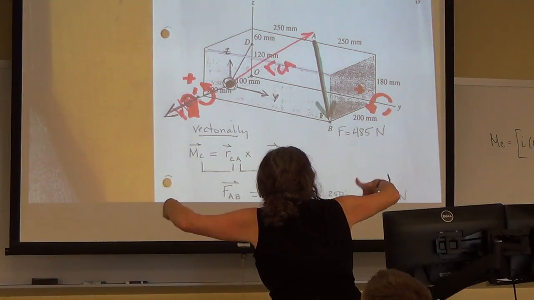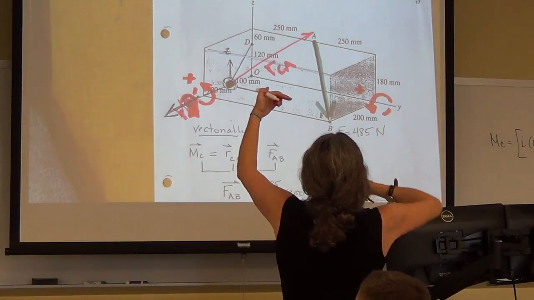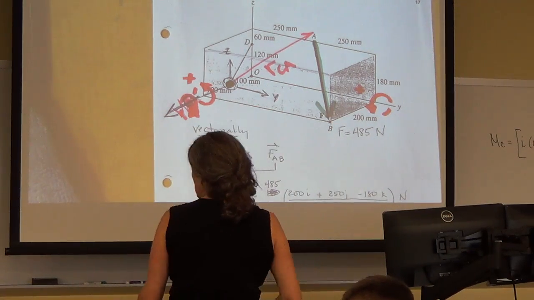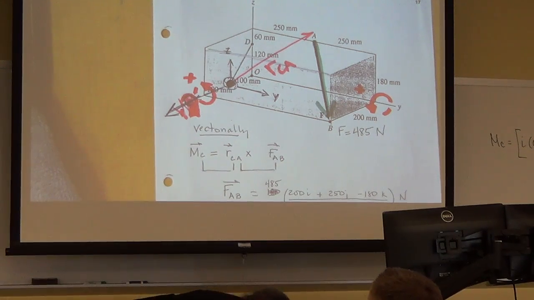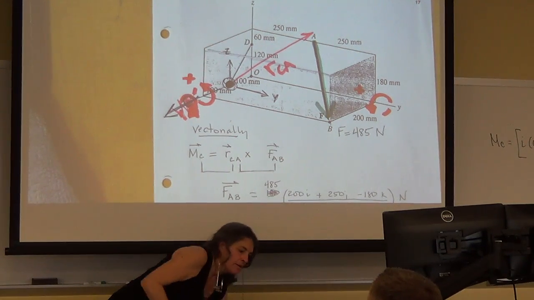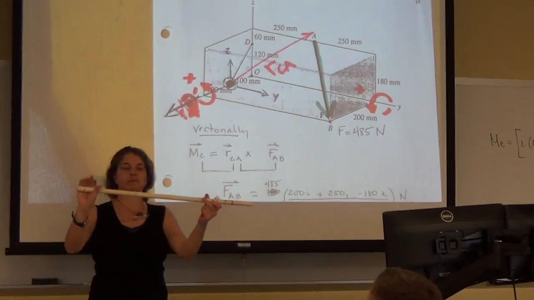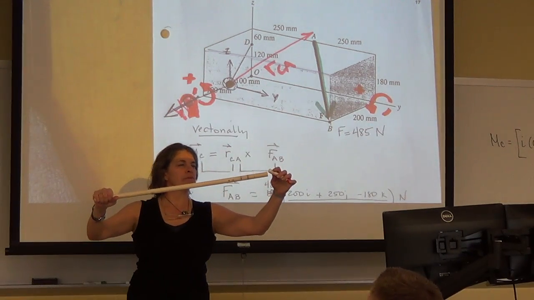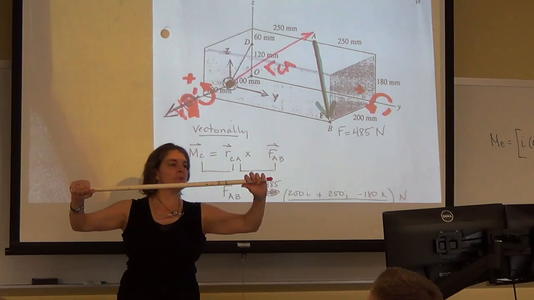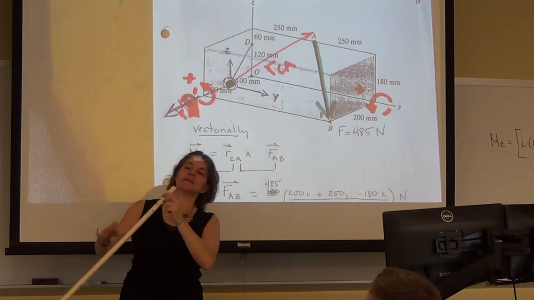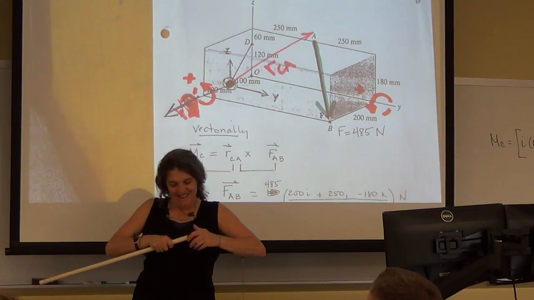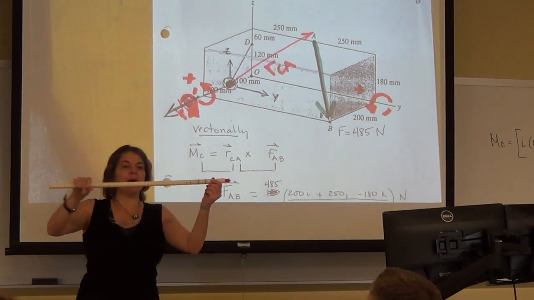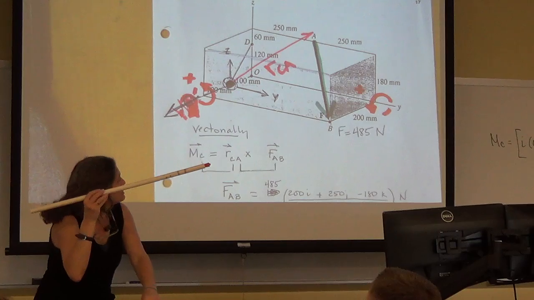If it's spinning this way, it's negative. Here's my positive y-axis.